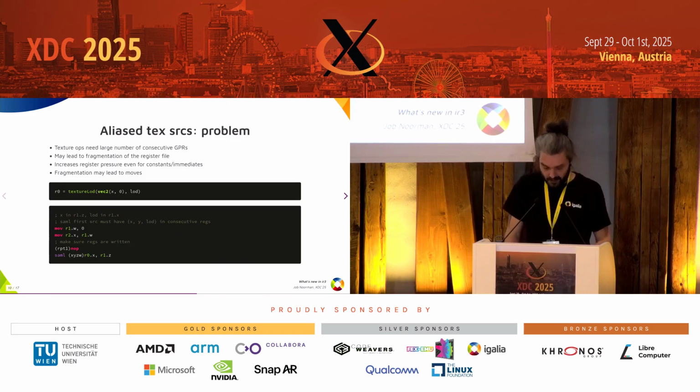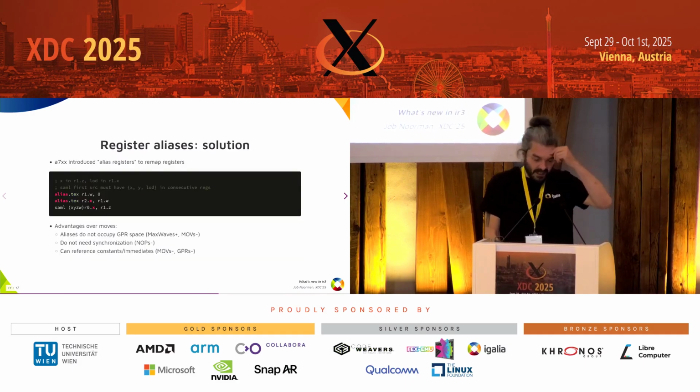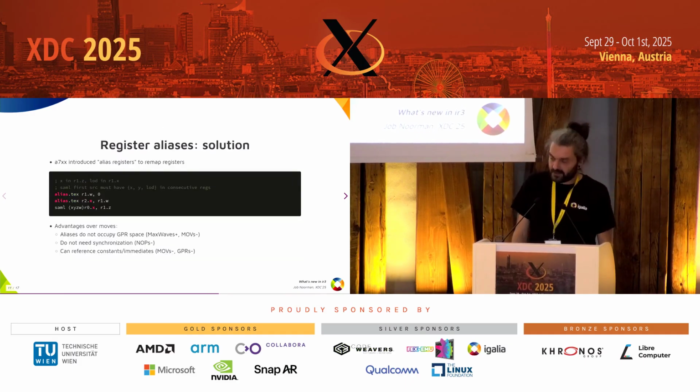This puts some strain on the register allocator. It might increase register pressure. It might also have to shuffle around registers to make sure they actually can be allocated in a consecutive range. And the thing that Qualcomm added in the A700 series to make the situation slightly better is something called register aliases.